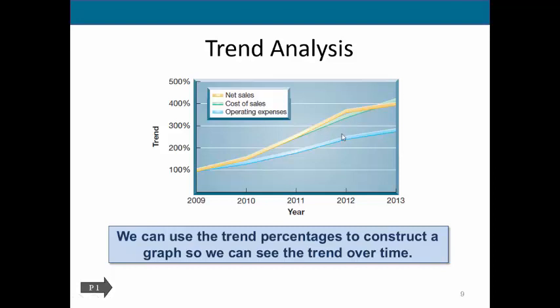It may be something that starting in maybe 2011 or 2012, we should have really gotten an understanding of what's going on. Possibly were these cost of sales decreasing, or, sorry, they weren't decreasing, but they were not increasing as quickly as net sales? Could this be causing problems now? For example, maybe we were buying things that were of cheaper quality, and so that is why our cost of sales was down.